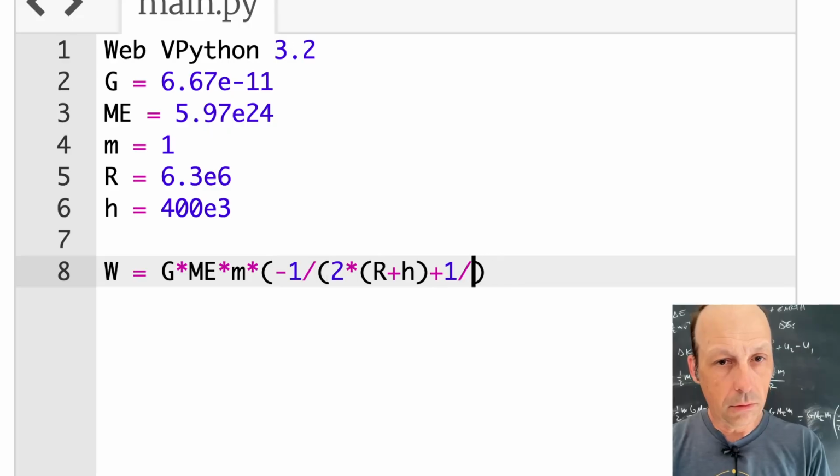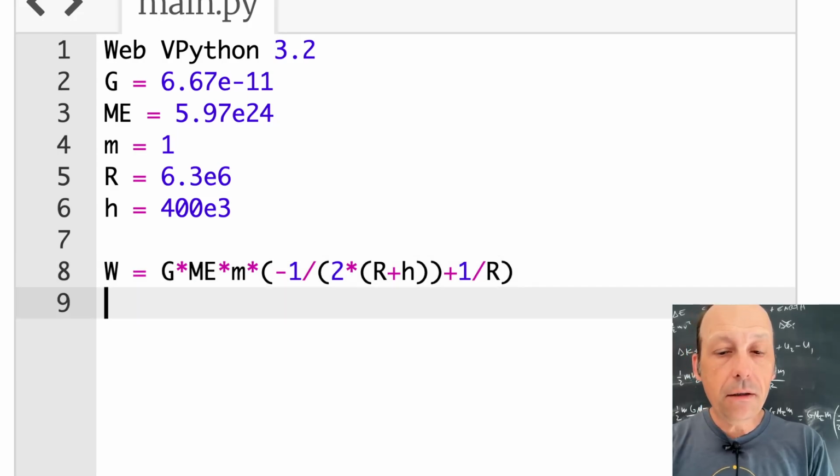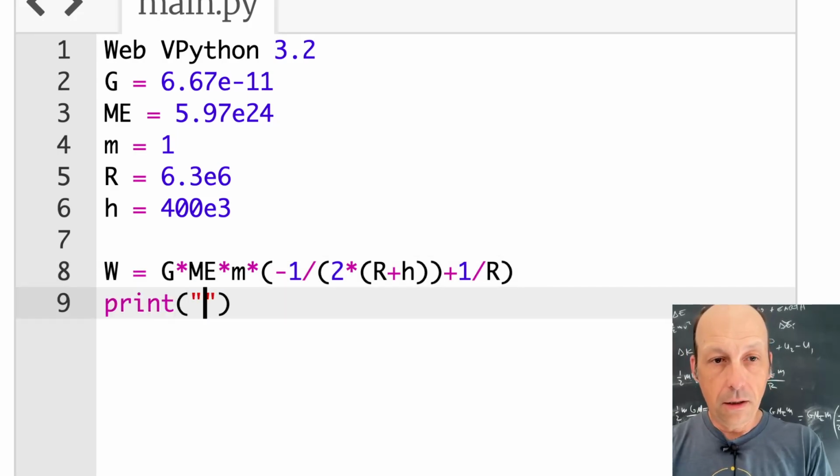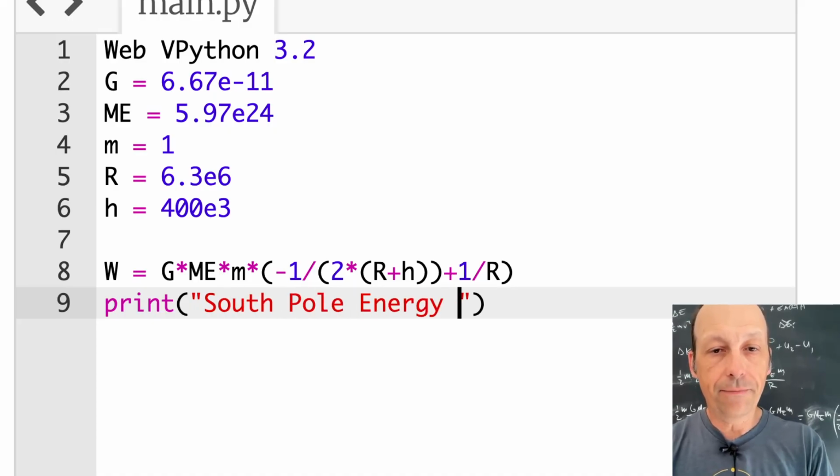Whoa. R, 2 times that plus 1 over R. We almost made a mistake. Print South Pole energy equals W joules.